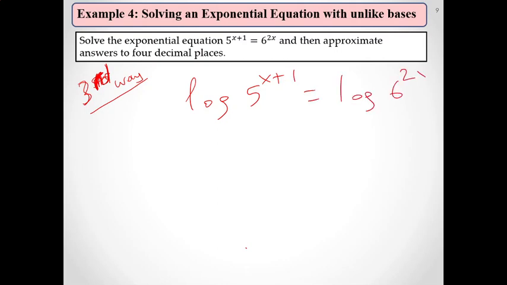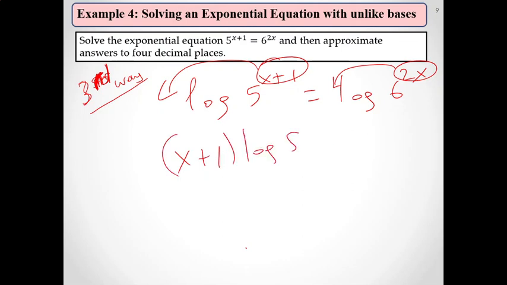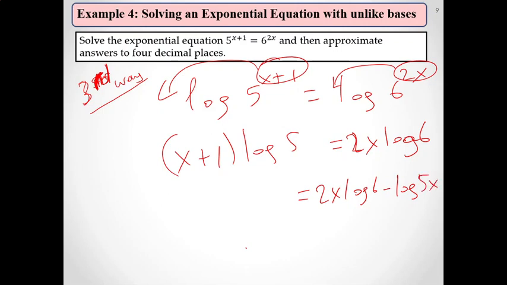So it means log base 10. The good part here is it will bring 2x and x plus 1 down. So then you have to deal with this one. And the rest, it will be 2x log 6 minus x times log 5.